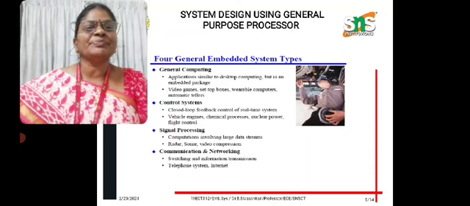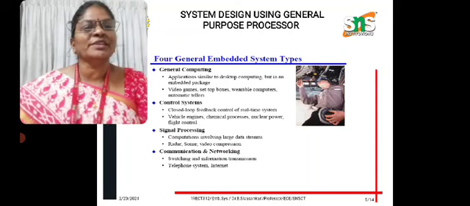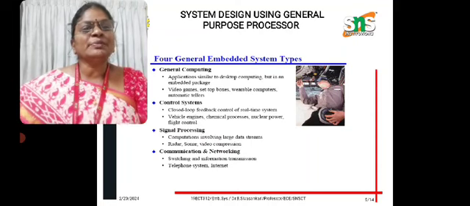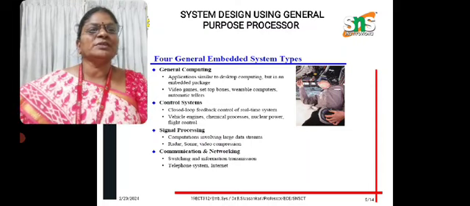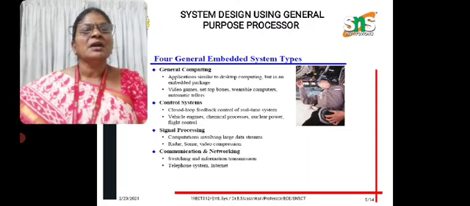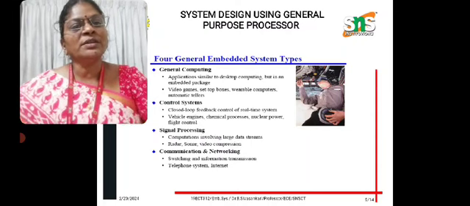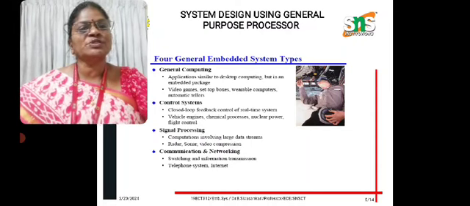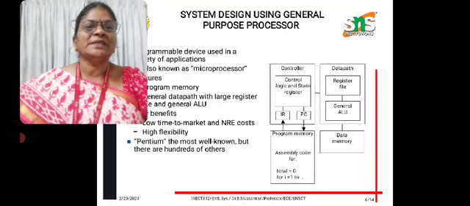And control system, it is a closed loop feedback control of real-time system. Then signal processing, the computation involving large data streams like radar, sonar, video compression. Then communication and networking like switching and information transmission, telephone system, internet.